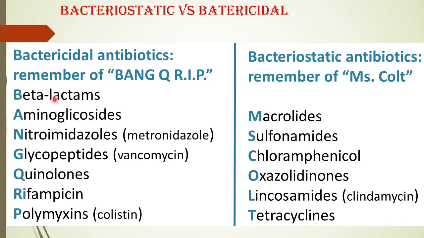Okay, so under beta-lactam antibiotics you'll find amoxicillin, ampicillin. If you get a chance, please look at the medicines in a hospital. This is the kind of beta-lactam antibiotics. I'm just giving you one example. Same way, all other classes, under the class we have a number of antibiotics. Getting my point?